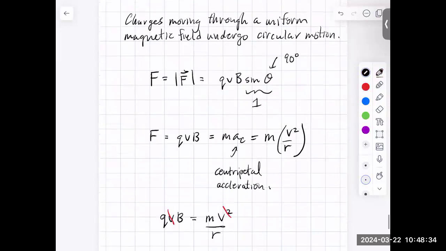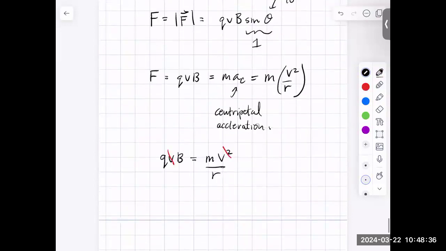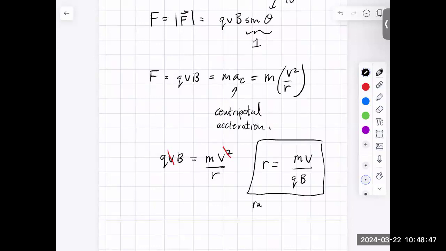And if we solve for R, R is going to be equal to mv divided by QB. This is the radius of the circular motion.